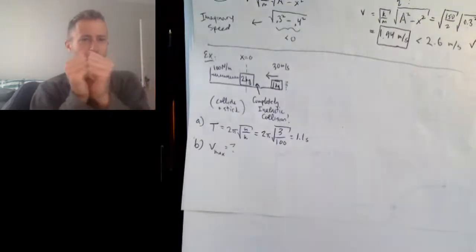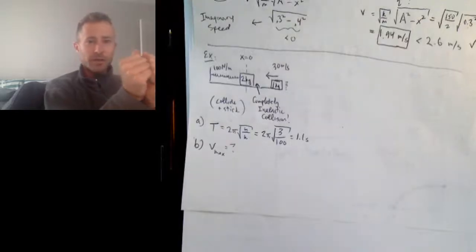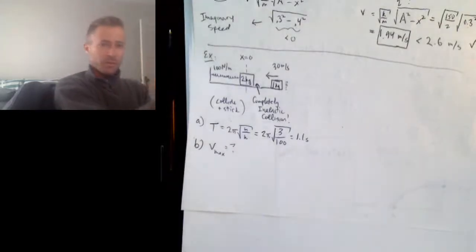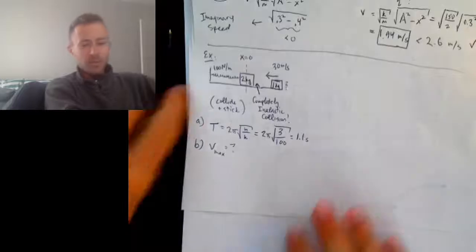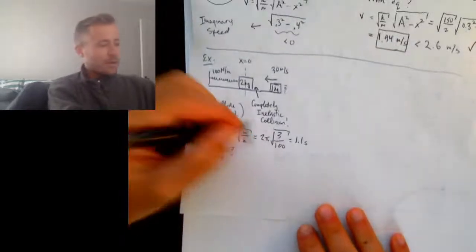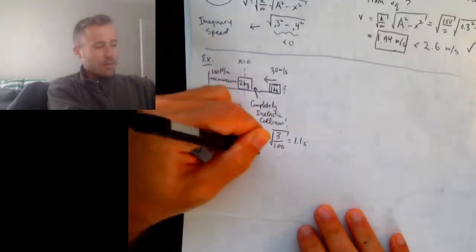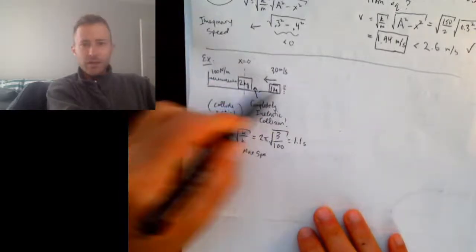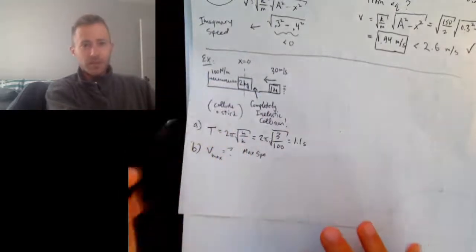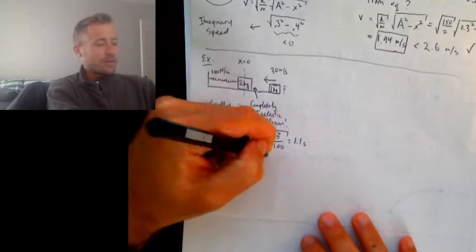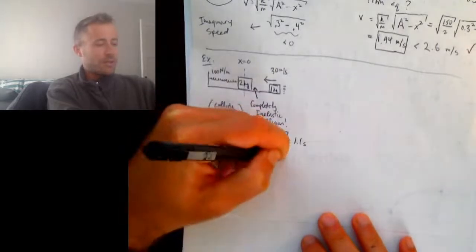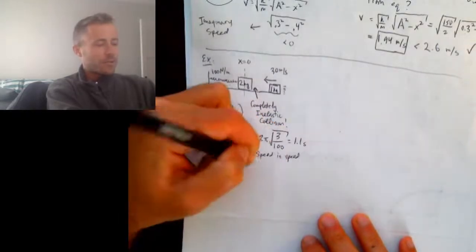Okay? And that's going to start compressing the spring, which is going to slow them down. So the maximum speed, because once they collide, the spring is immediately going to start to slow them down. So the max speed is the speed just after collision.